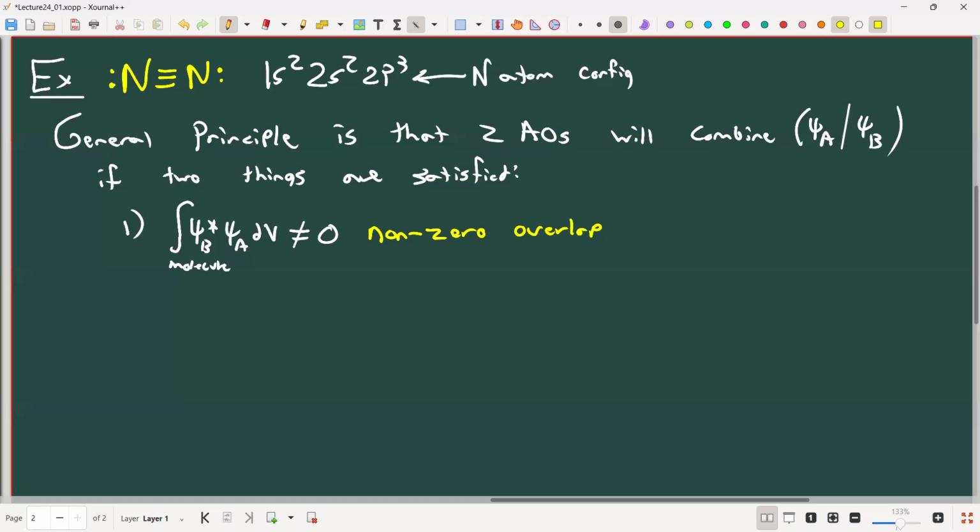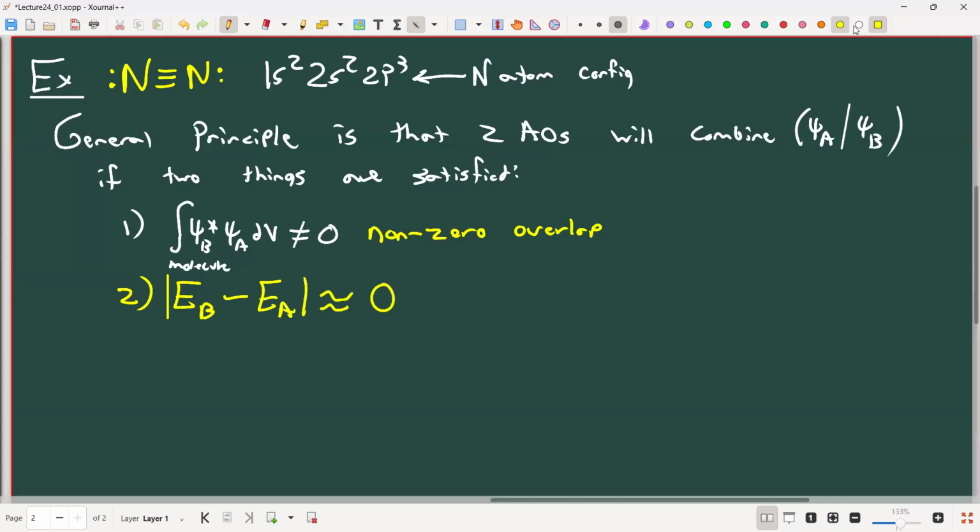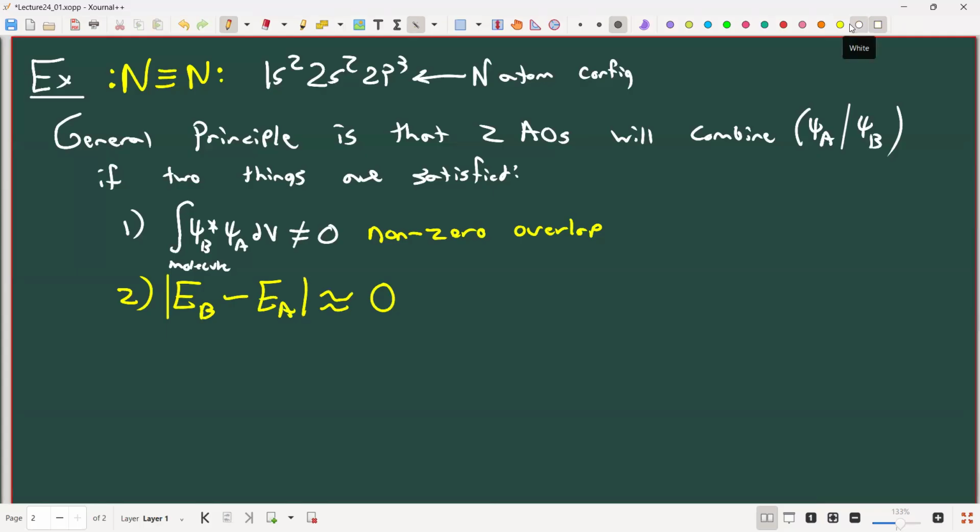The criterion that satisfies this is that the energies of the 2 orbitals that mix have to be fairly similar. So the difference between the energies should be close to 0. They're not exactly zero, but they should be close.